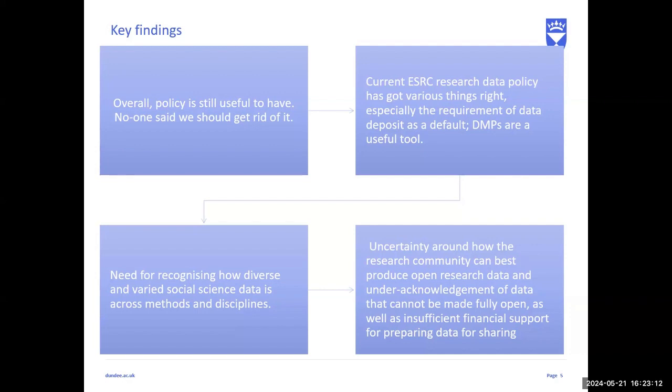And this is related to issues with uncertainty that were expressed by our participants around how the research community can best produce open research data, and an under-acknowledgement of data that cannot be made fully open for reasons that I've already touched on: confidentiality, privacy, and so on. So respondents wanted these kinds of data to be better acknowledged in the current policy.